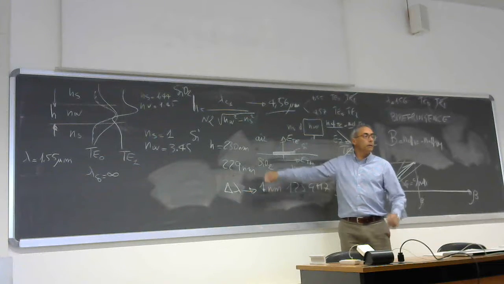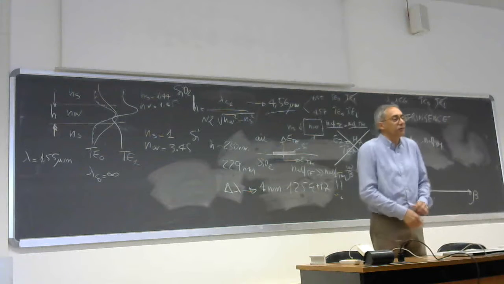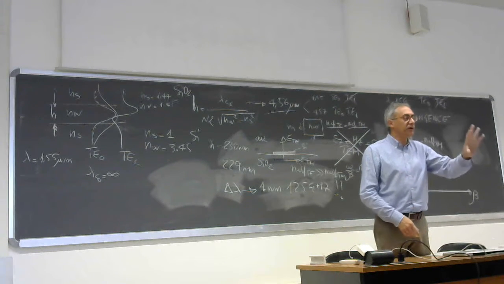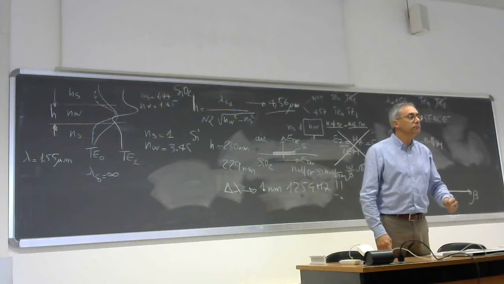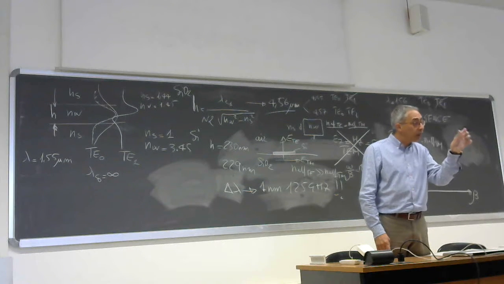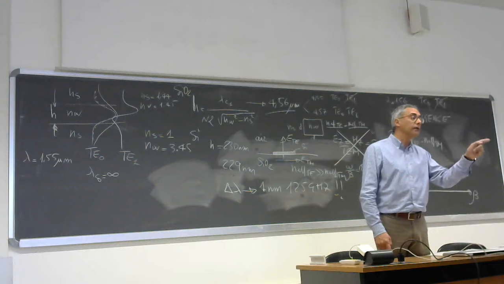The reference wavelength is 1550, I don't know the number. You design your filter at one wavelength, say 1.5. Then you shrink the waveguide by 1 nanometer, and your filter is no more at 1.5, but at 1.501.